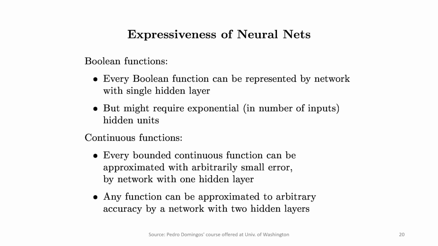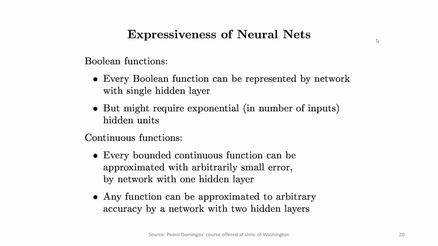As far as continuous functions are concerned, every bounded continuous function can be approximated by a network with one hidden layer. Again, the number of units in that layer might explode, but theoretically, in principle, you can represent any bounded continuous function with arbitrarily small error using a network with one hidden layer.